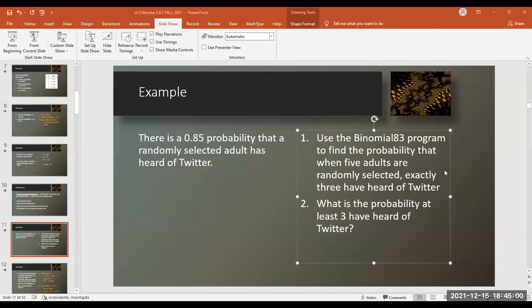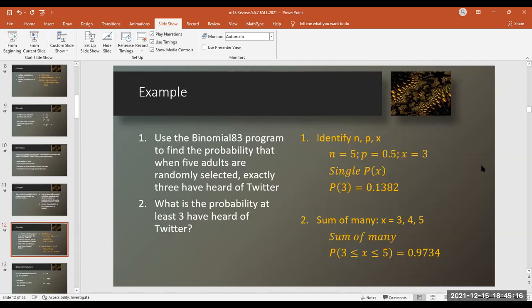Okay. So we're going to use our calculator to find the probability that when 5 adults are randomly selected, exactly 3 have heard of Twitter. And then we're going to find the probability that at least 3 have heard of Twitter. So let me run over the keystrokes. Let me stop my sharing here.